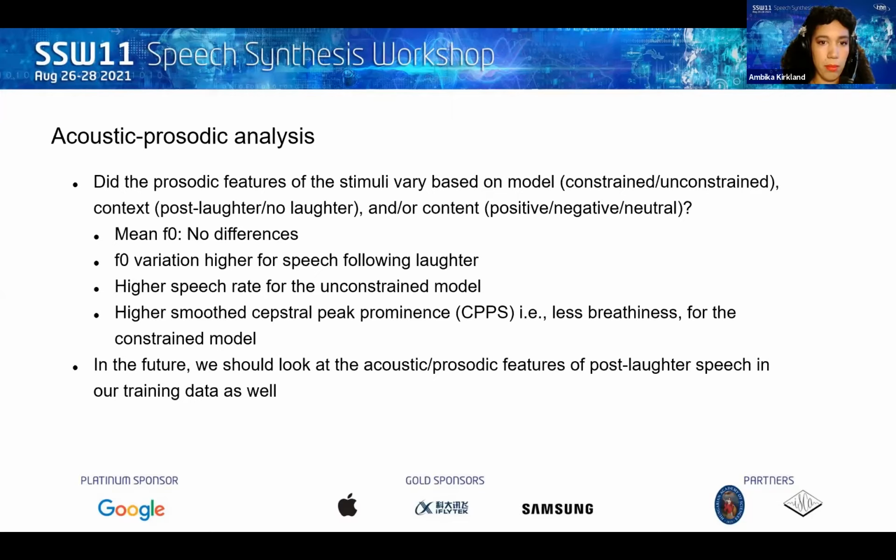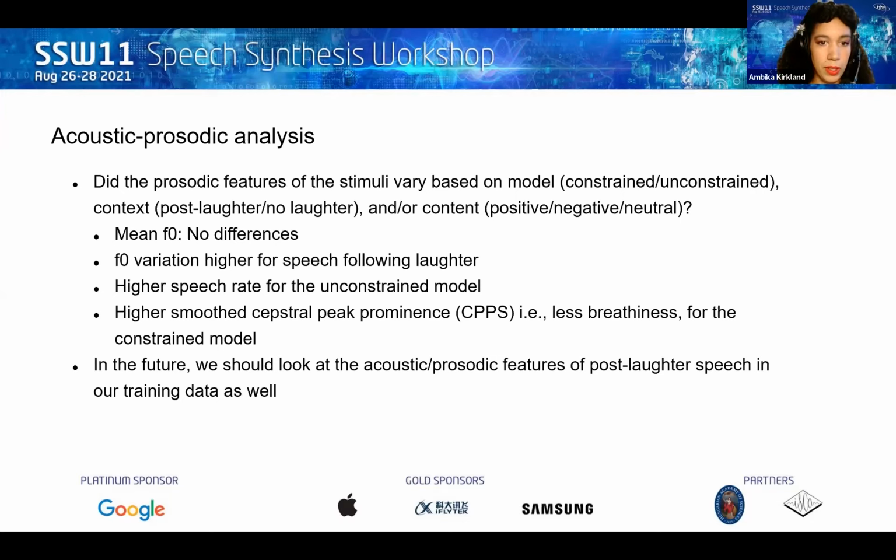The unconstrained model had a higher speech rate, which I guess would make sense because with the constrained model, we normalized the speech rate to the median values of the corpus. We also found that the constrained model was higher in a measure of breathiness, though a higher value in that measure indicates more breathiness.